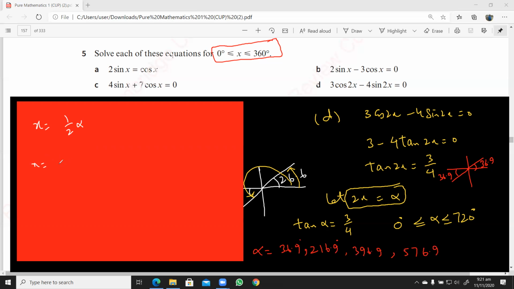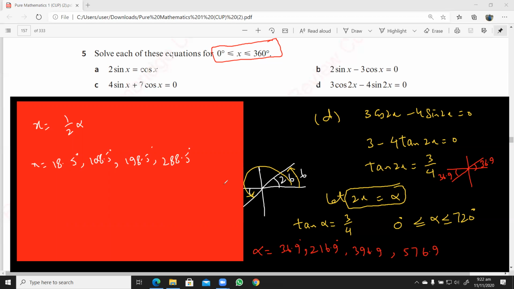This is 18.5, then 108.5, then 198.5, and then 288.5. So these are the four values of your x.